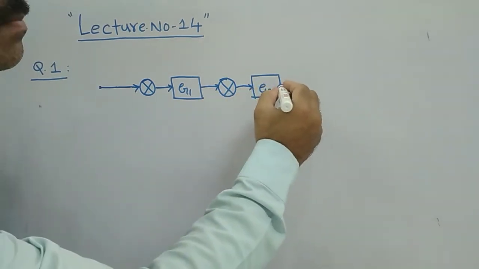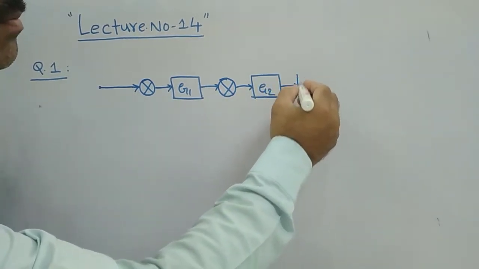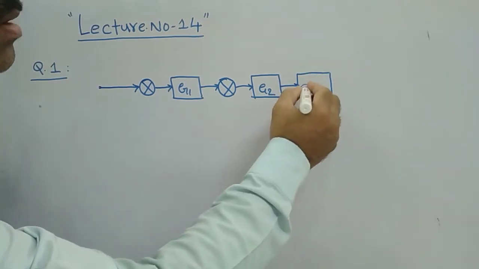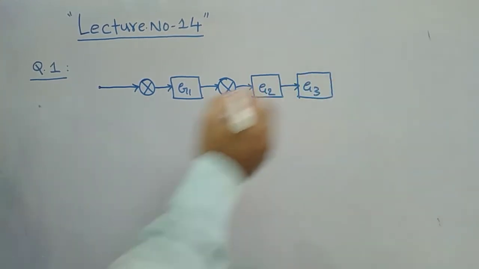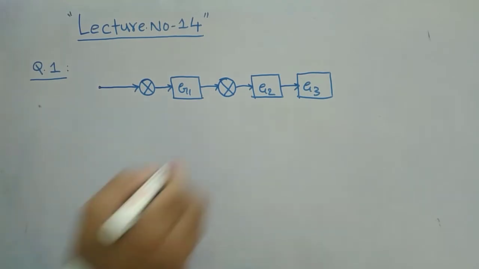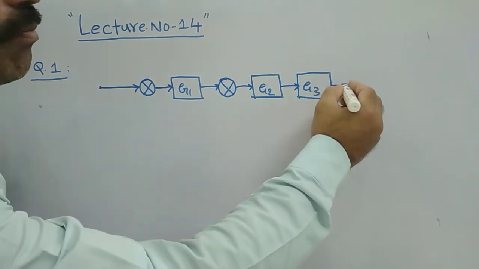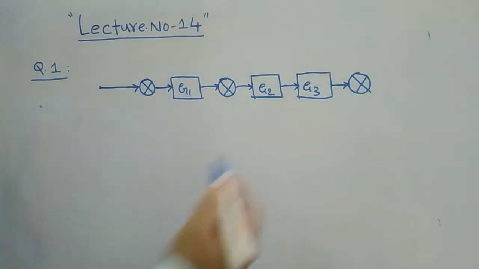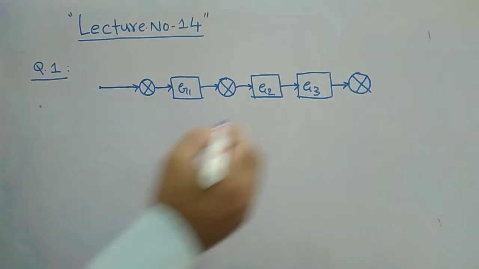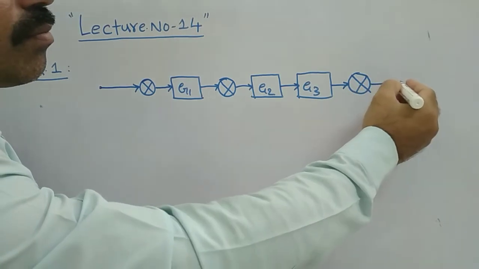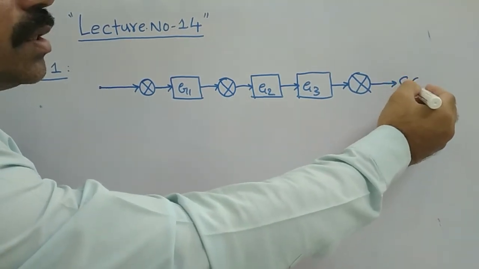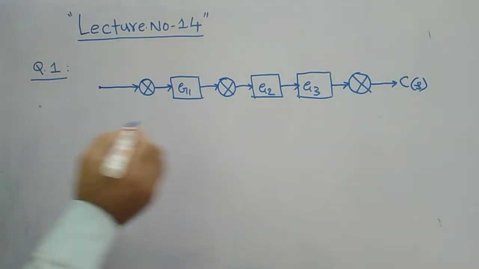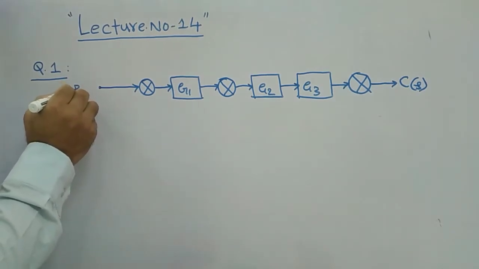From then you have G3, means gain G3, and then you have one more summer. From then this is your C of S, this is your R of S.